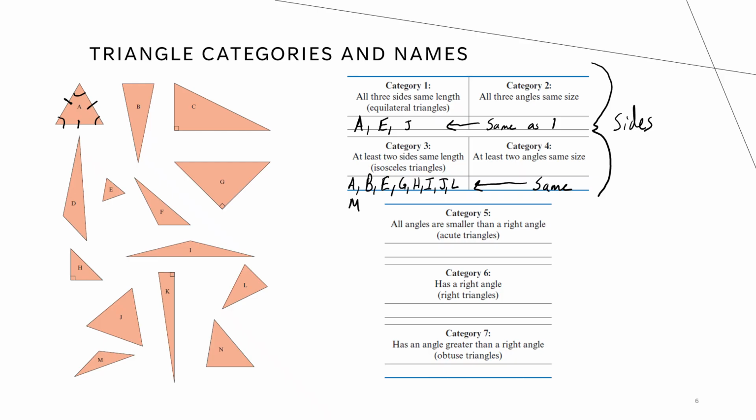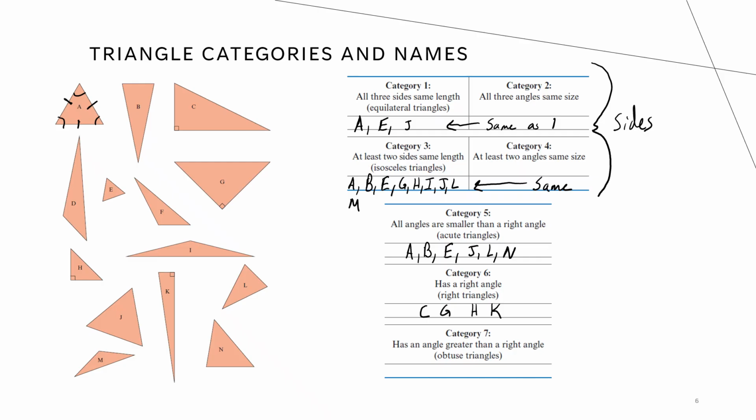Now, if we just compare their measures to a right angle, we end up with three categories of triangles. If all angles are smaller than a right angle, it's an acute triangle, well, that's A, B, E, J, L, and N. If it has a right angle, well, that's C, G, H, and K. Notice none of those right triangles are equilateral triangles.